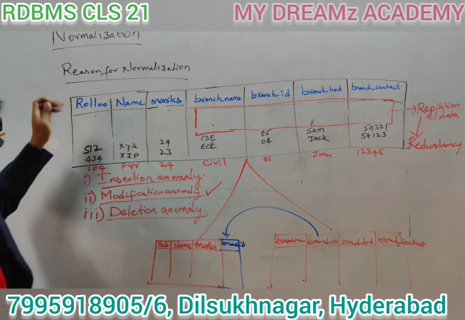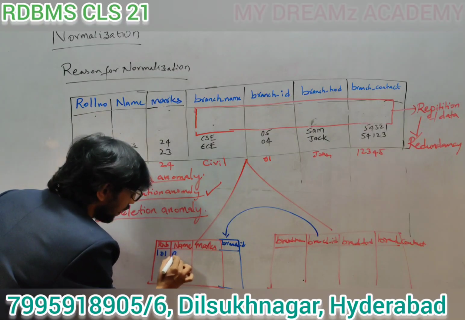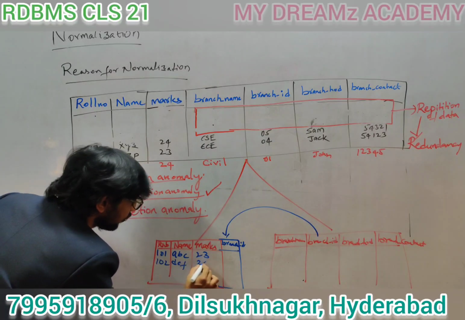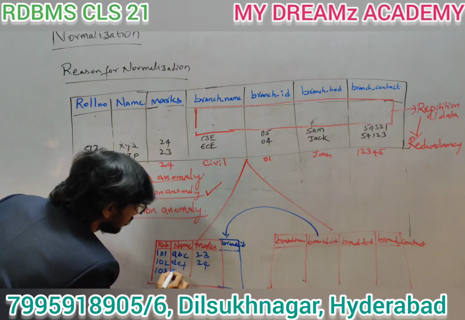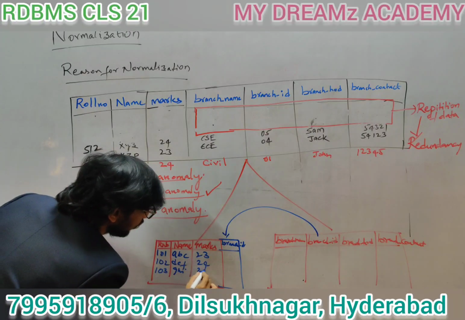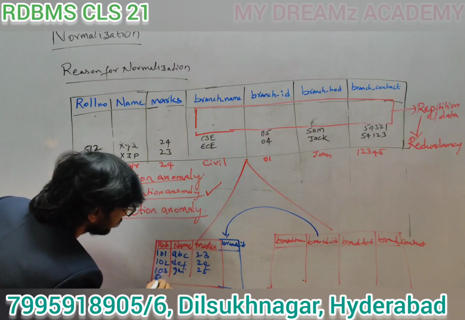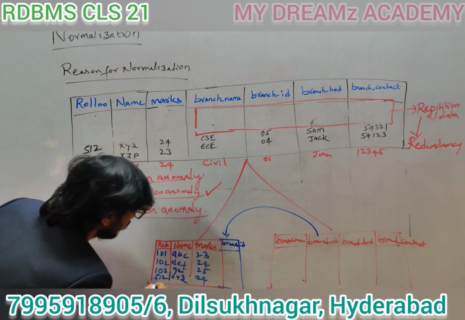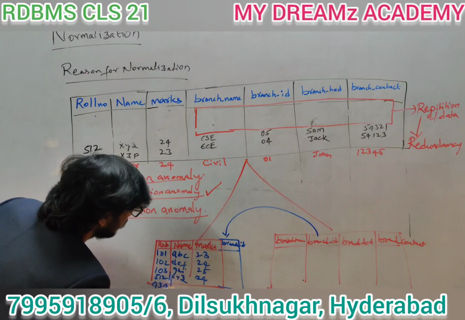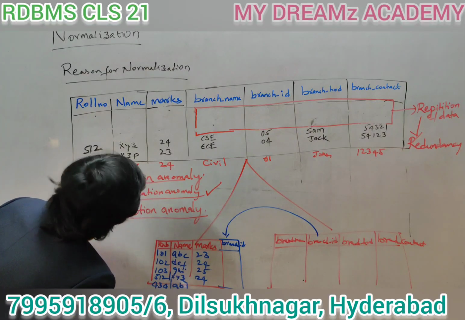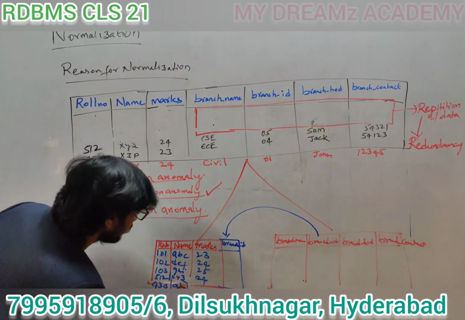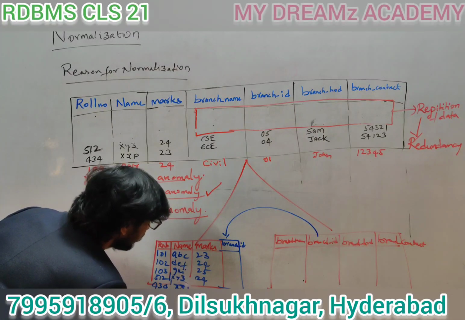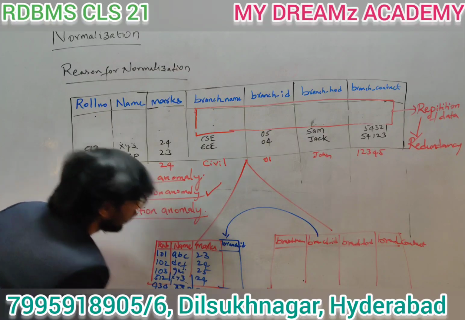Now in the earlier table there was 101, ABC, 23; 102, DEF, 24; 103, GHI, 25; next 512, XYZ, 24; next 434, XZP, 23, right?